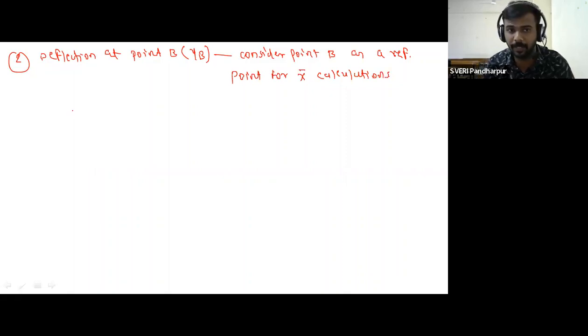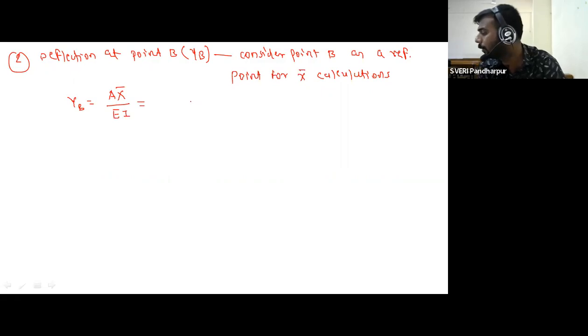Okay, so first of all, I will write the basic formula. YB is equal to AX bar upon EI. So here I have to write the formula in the form of 3 sections.